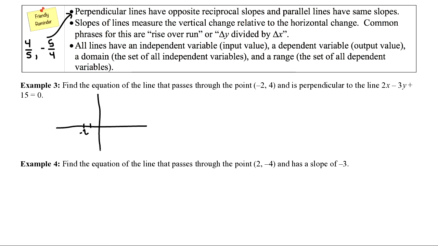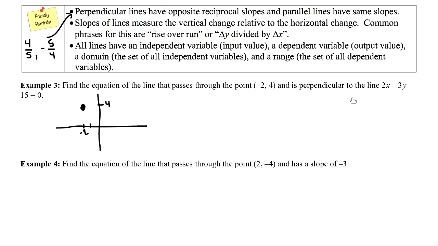Here's -2, and then we might put 4 maybe up here. So it's got to go through this point, but it needs to be perpendicular to this line over here. This line is, actually, it's just an equation: 2x minus 3y plus 15 is equal to 0. It's not even in standard form.